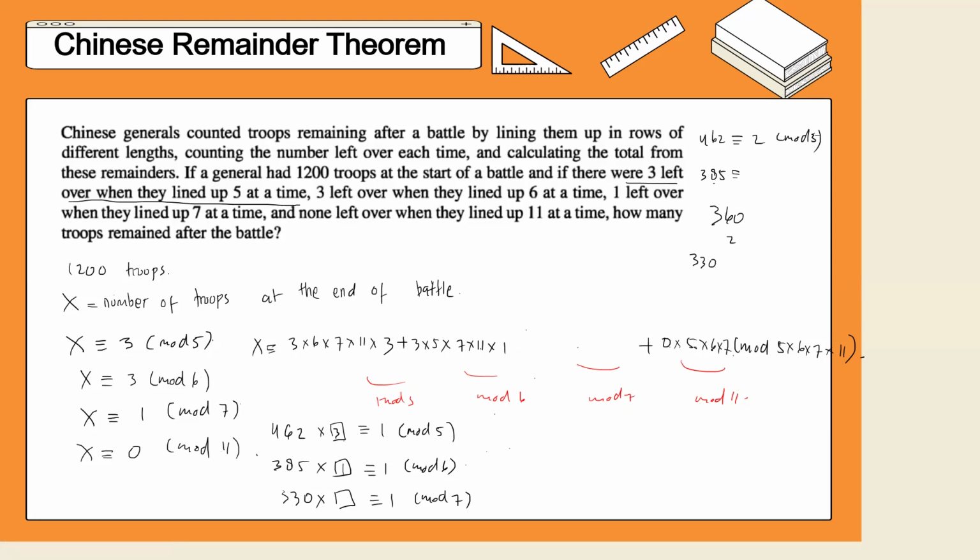For the last one, you don't have to find the inverse because it's 0, and 0 multiplied with anything is 0. So let me write it first: 5 times 6 times 7 times 1. You can leave it as it be because it doesn't matter for this one, it's going to be 0 anyway.